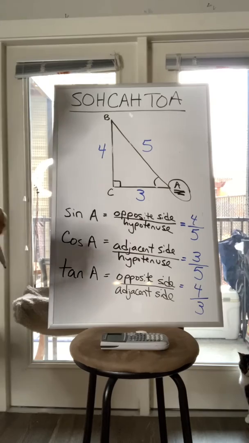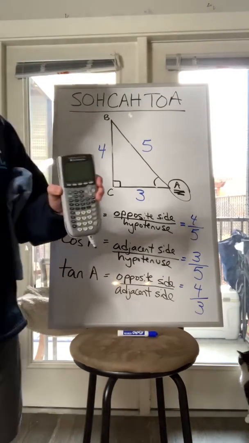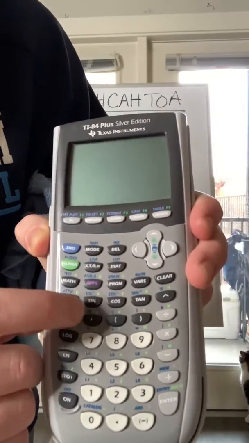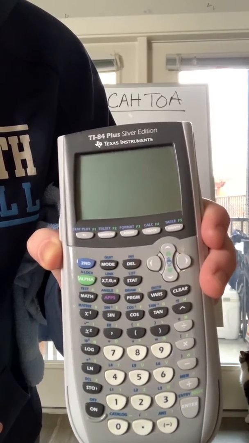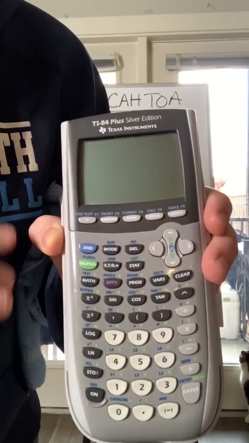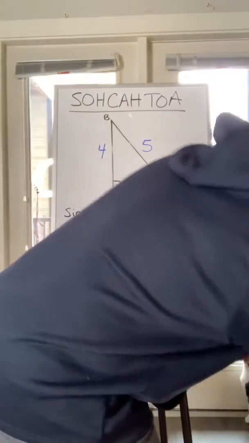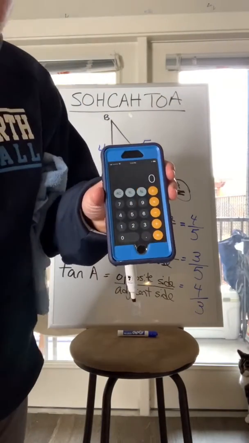Okay? Now, just in case you're wondering, these ratios are on your calculator. On your calculator, you have a sine, a cosine, and a tangent button. Sin, cos, and tan right there on your calculator. And we're not going to use the calculator for today's assignment, but we will be using it later on. For those of you that might be using your cell phone calculator, the cell phone calculator also has this on it.